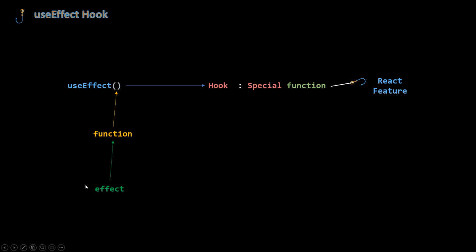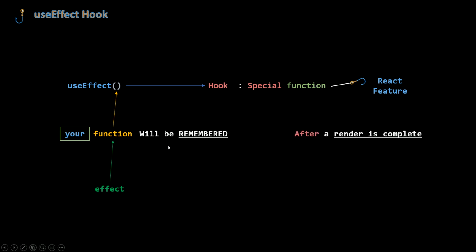So now when you pass your effect to the useEffect hook, your function will be remembered, and after a render is complete, your function will be called. So your effect or your function will be remembered and called after a render is complete. So if you're using the useEffect hook and then you pass in a function inside the component, after the render is complete, then useEffect will go and call your function that you passed to it.